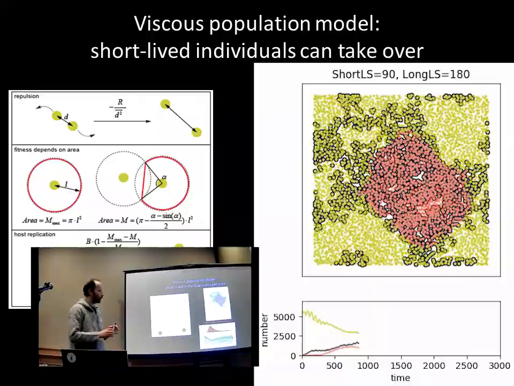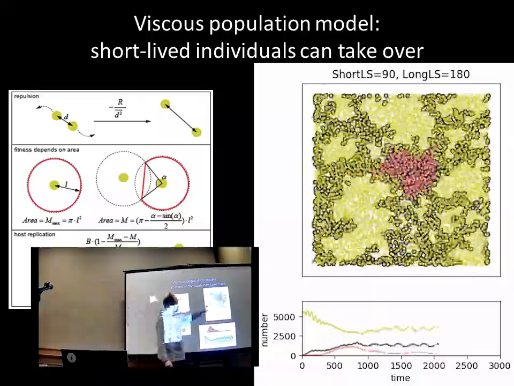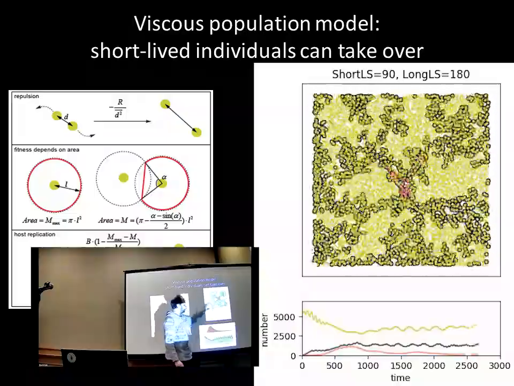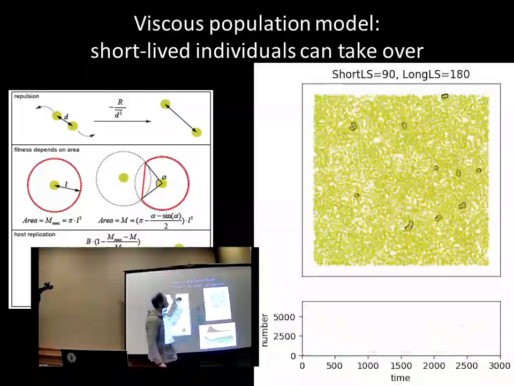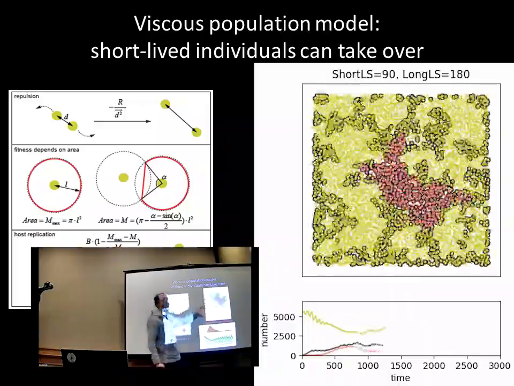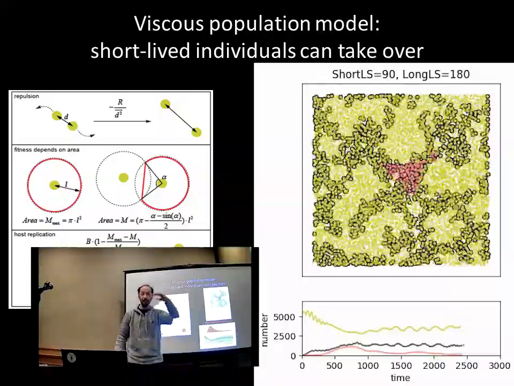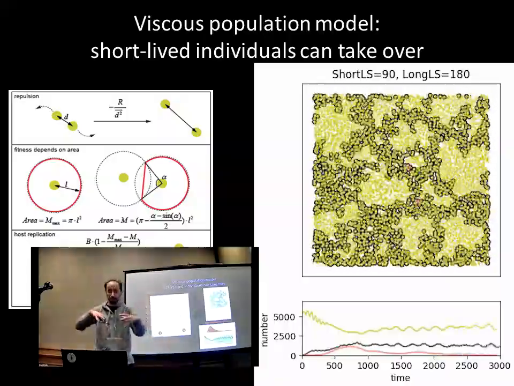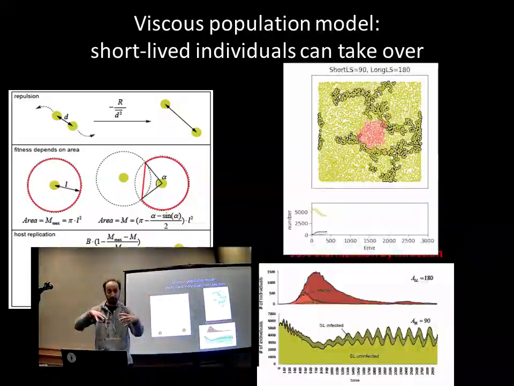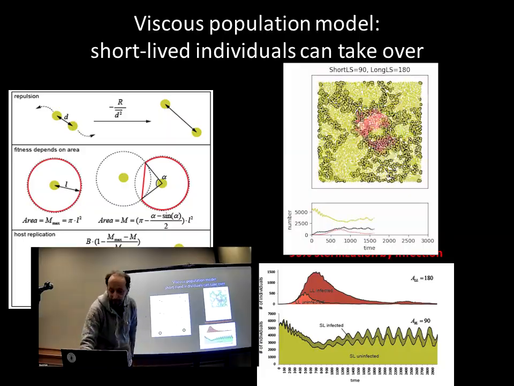So what happens? Infection is not very prevalent in the short-life variant. But in the long-life variant, it goes almost to 100%, sterilizes everybody, induces a local demographic depression, and leads to the extinction of the long-lived strain.